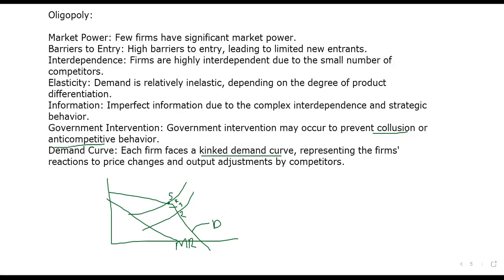Since the firms in this market will need to interact with decisions that are interdependent, there are a few implications that include economics, politics, psychology, among others that will need to be considered.